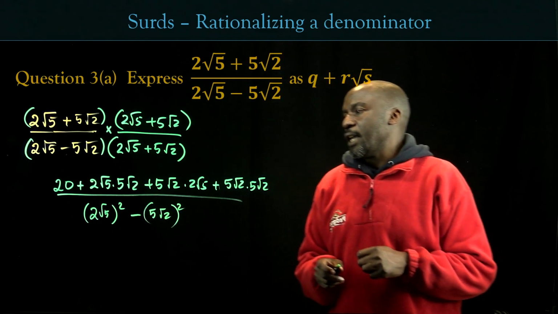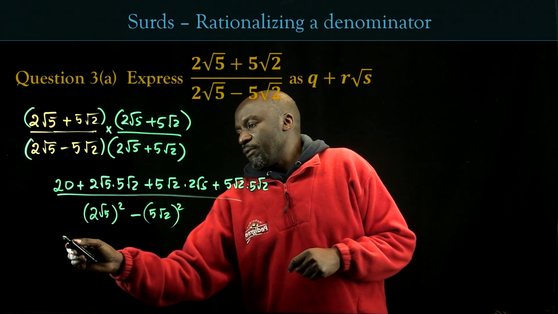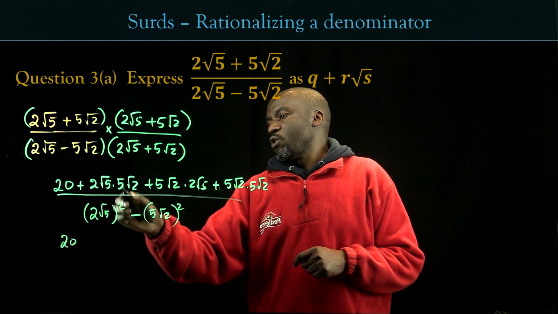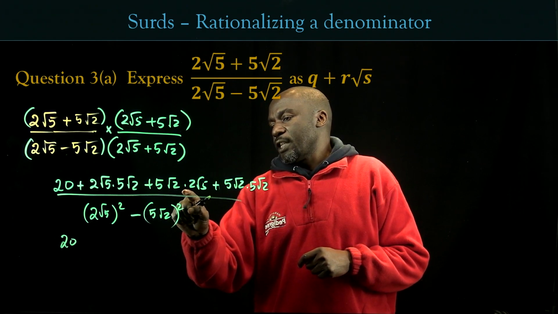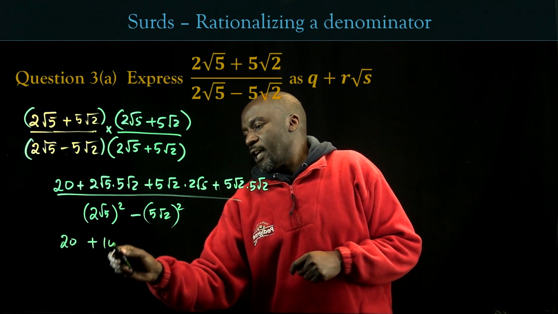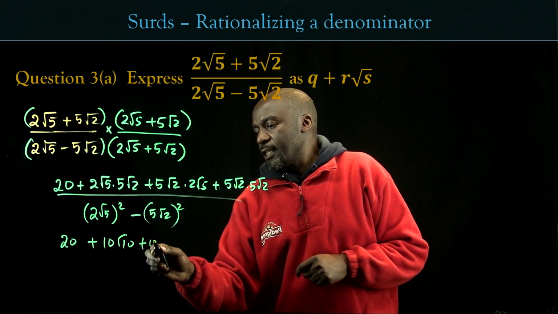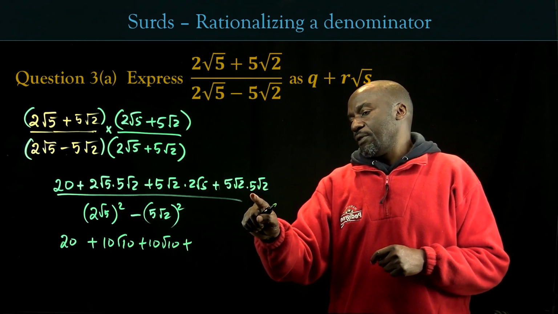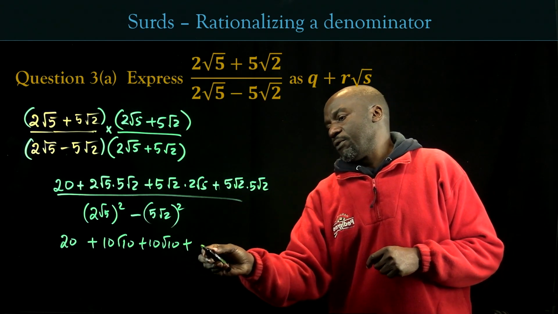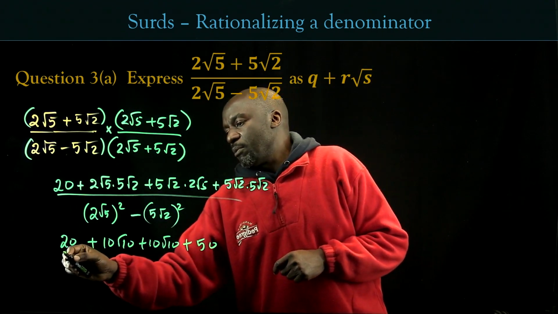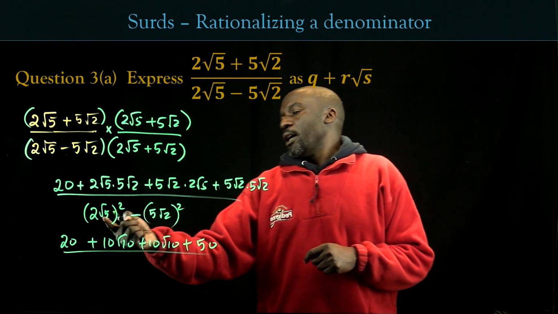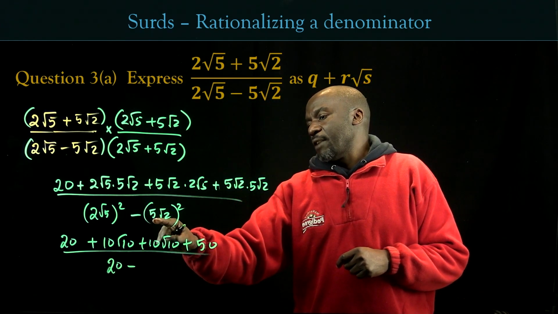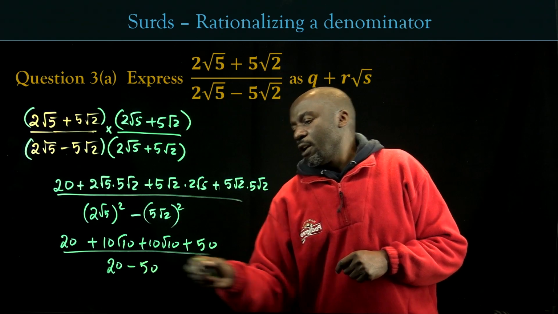The numerator now simplifies to 20, plus 10 root 10, plus another 10 root 10, plus 5 times 5, which is 25, times 2 is 50. But the denominator is much simpler now. This is 20 minus 5 squared times 2, which is 50.